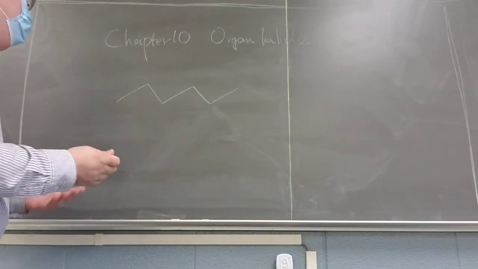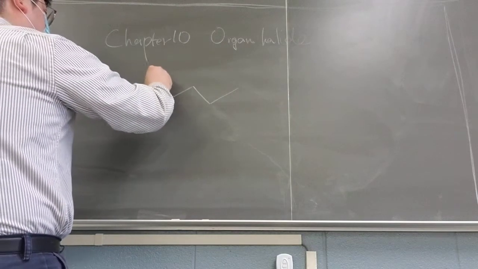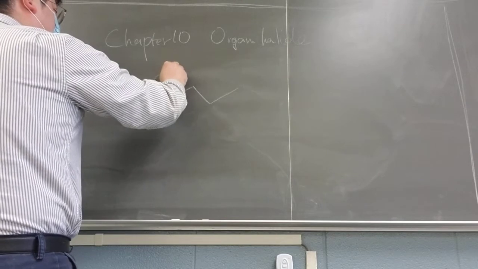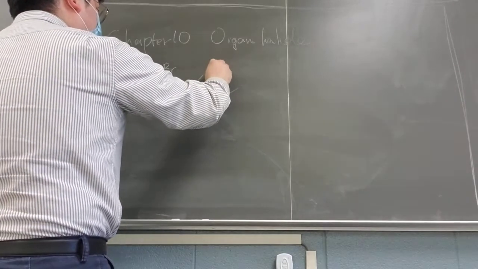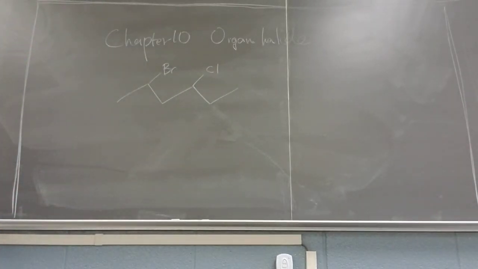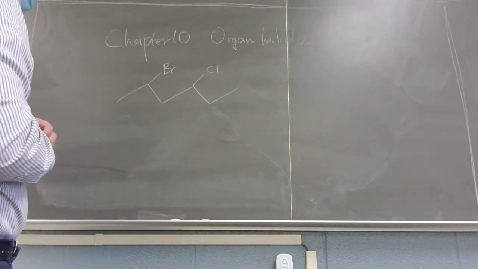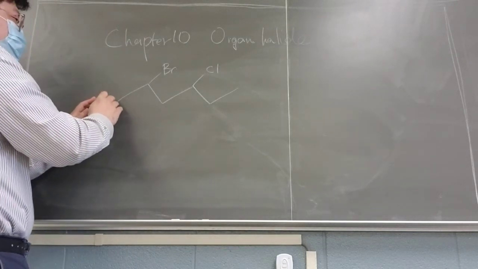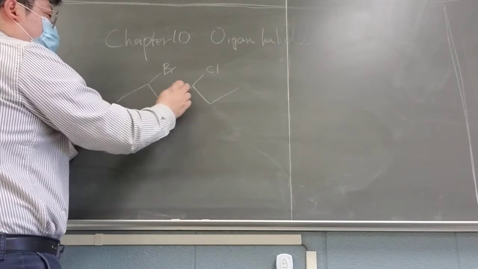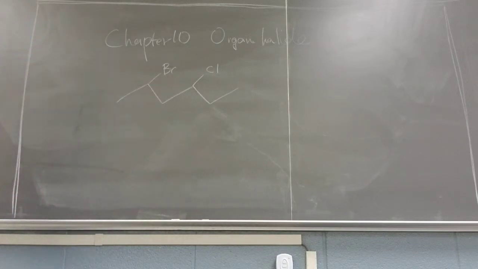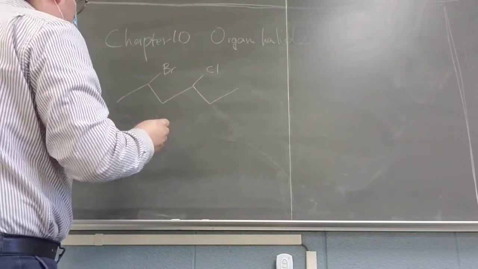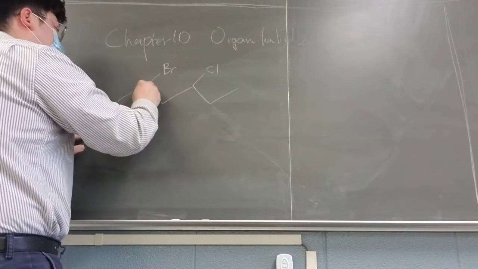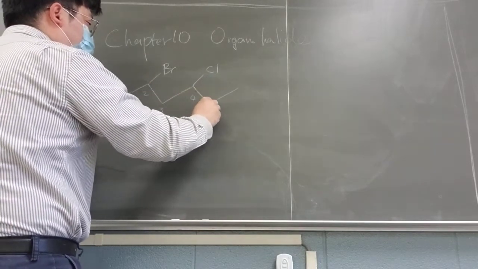When we do the nomenclature for the alkane, we have bromine and chlorine in this case. Basically, we count the carbons from the end that gives the lowest possible locant numbers for the two substituent groups. So technically, you just count 1, 2, 3, 4, 5, 6.